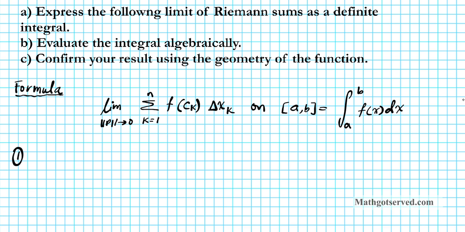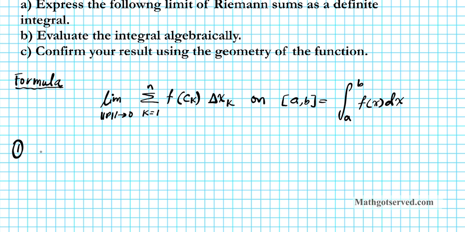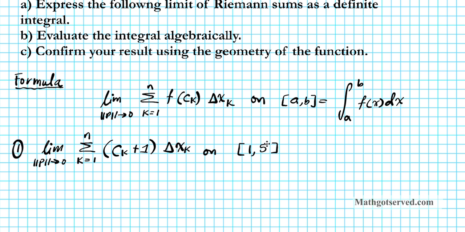We have a limit of Riemann sums given by the limit as the norm of the partition approaches 0 of the discrete sum from k equals 1 to n of c sub k plus 1, delta x sub k, on the interval 1 to 5. Now how do we express this as a definite integral?